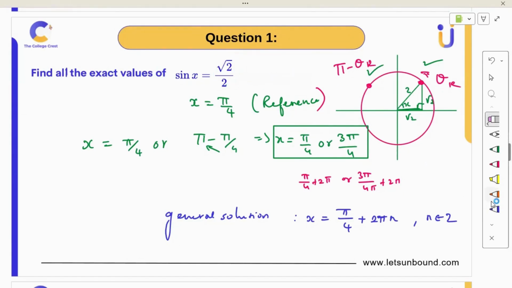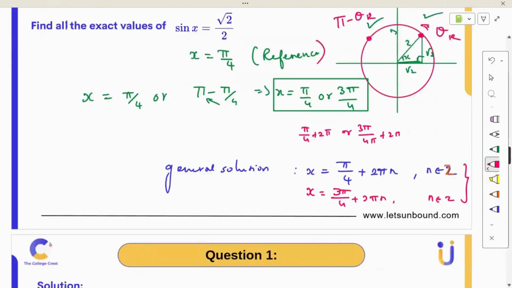And negative also. n in Z means you can give negative 1 also. Negative 1 means I'm rotating in the reverse way, right? And similarly, 3 pi by 4 also will be x equal to 3 pi by 4 plus 2 pi n. Infinitely many solutions, and we represent them this way, right?